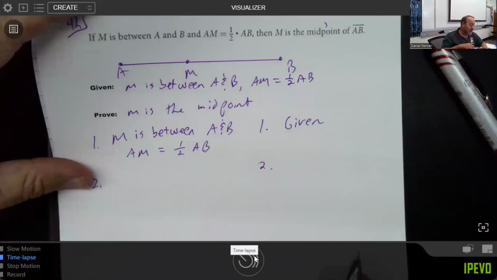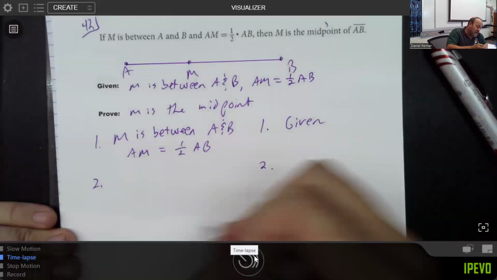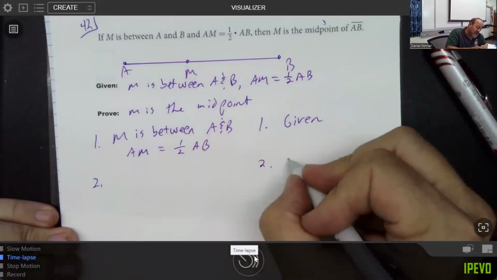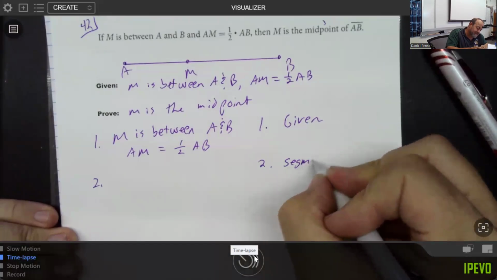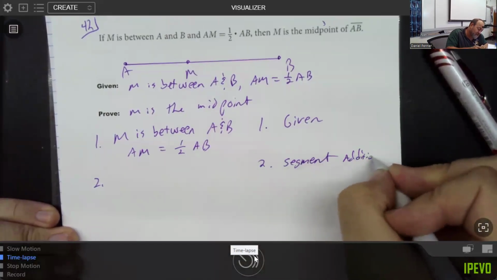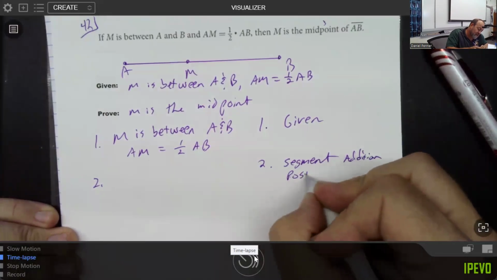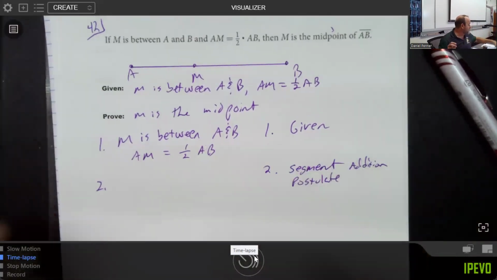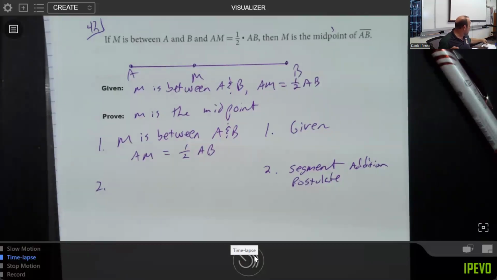So here we go. The first thing I'm going to use is something called the segment addition postulate. Now, the segment addition postulate was used in one of our first quizzes of the year. I'm looking for this diagram.